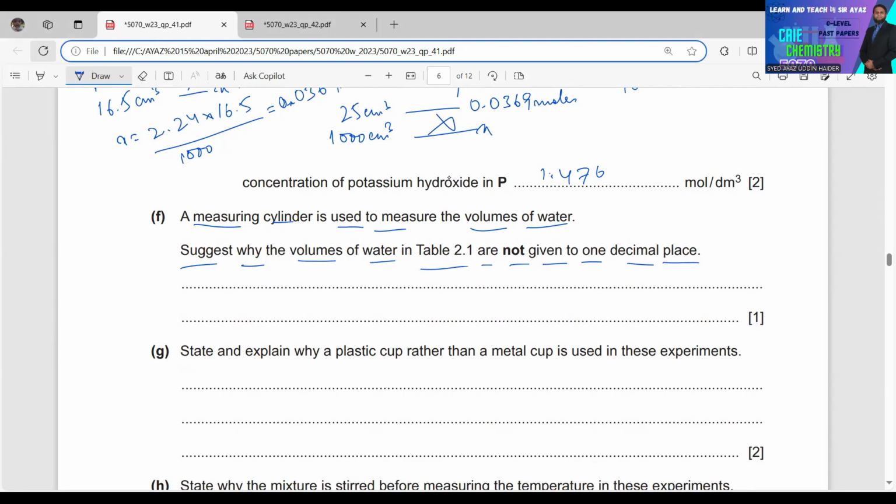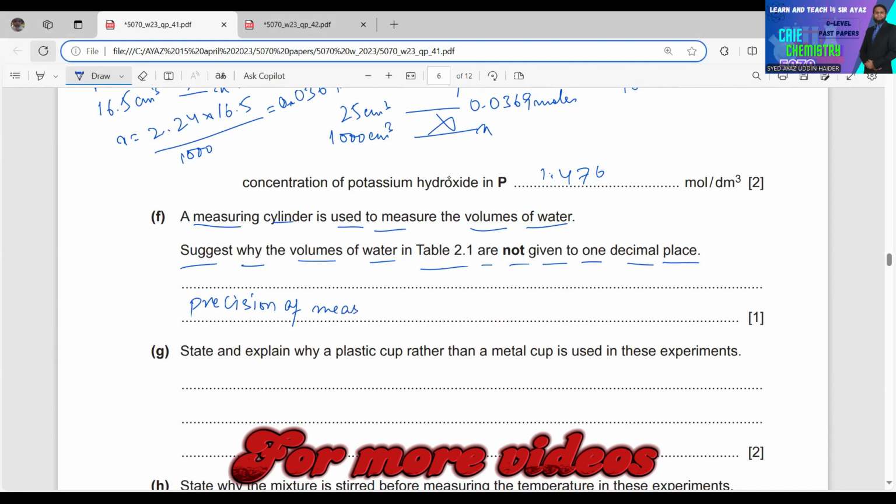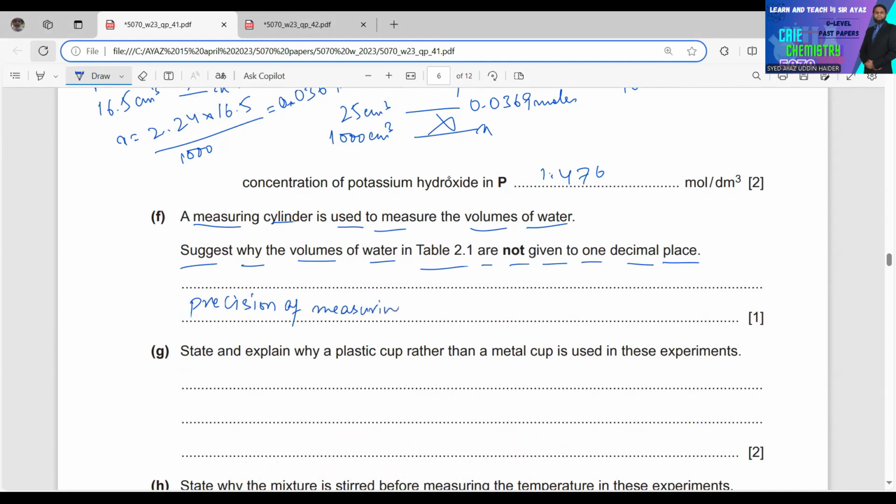Now, the reason is that the precision of the measuring cylinder is not sufficient.